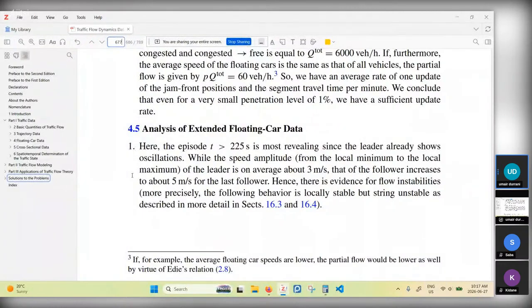Hence, there is evidence for flow instabilities. More precisely, the following behavior is locally stable, but string unstable, as described later in chapter 16. We can confirm what is mentioned here about the oscillation of the leader and the last follower. Let's do that.